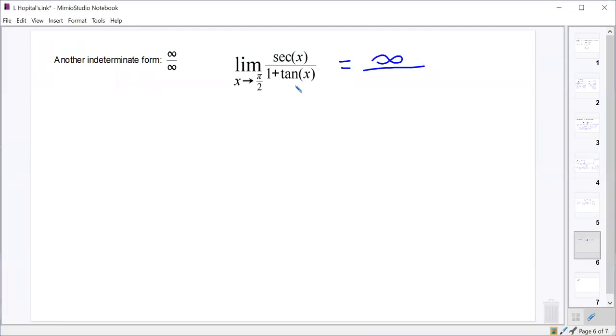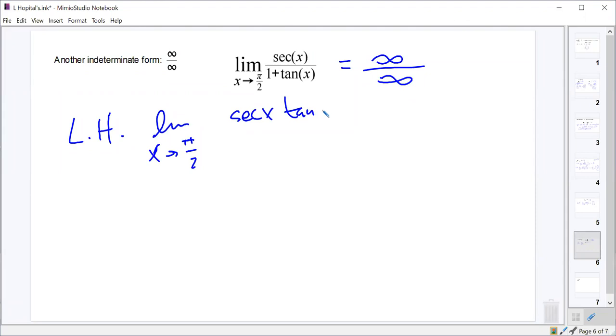And what about tangent of pi over 2? That's also a vertical asymptote. So this ends up being an infinity over an infinity. So we can apply L'Hopital's rule and say that this is the limit as x approaches pi over 2 of the derivative of secant, which is secant x tangent x, over the derivative of 1 plus tangent x, which is just secant squared x.